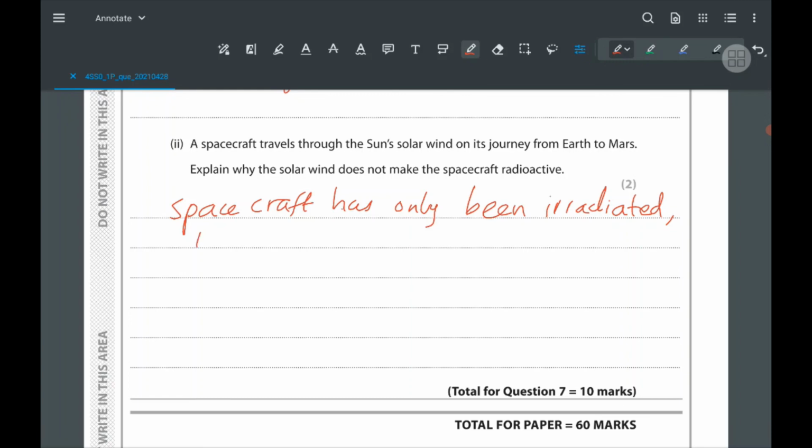It was not contaminated. And also this radioactive source has not been in contact with the spacecraft. That is the whole reason for that.